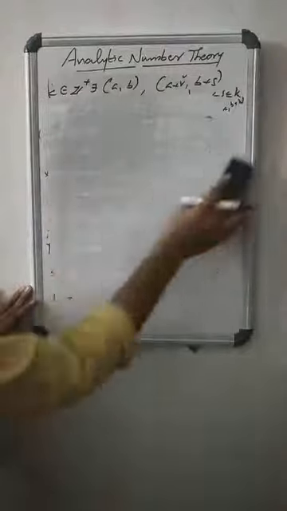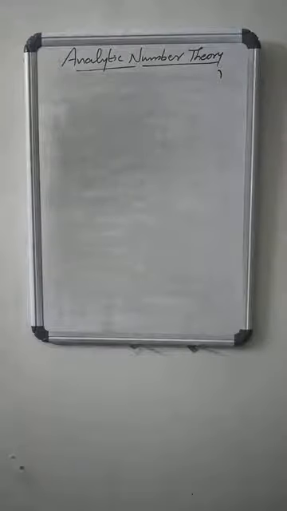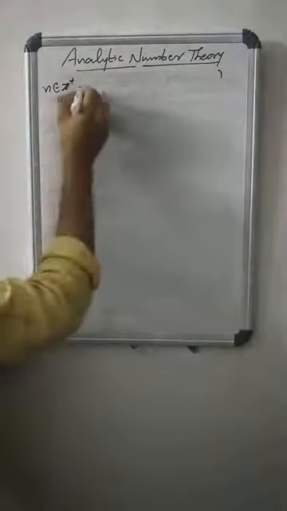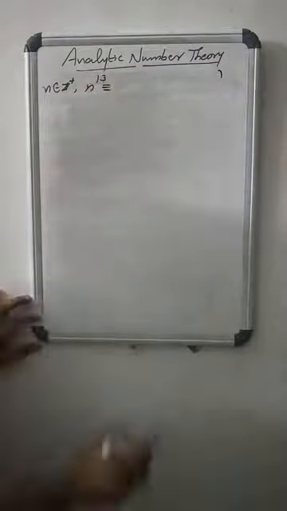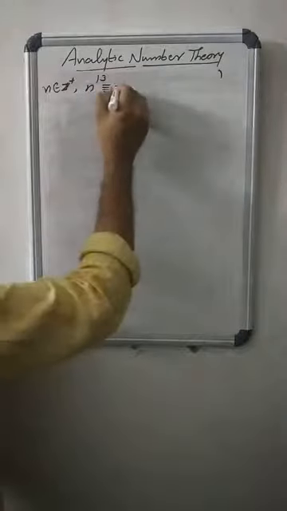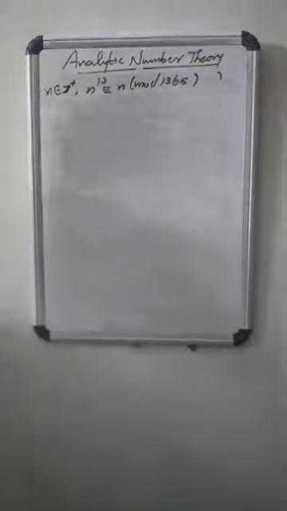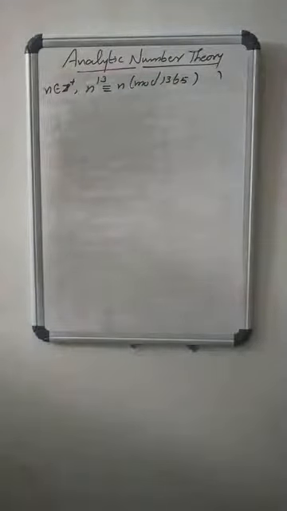So now let us consider a problem. Find all positive integers n for which n to the power 13 is congruent to n mod 1365.